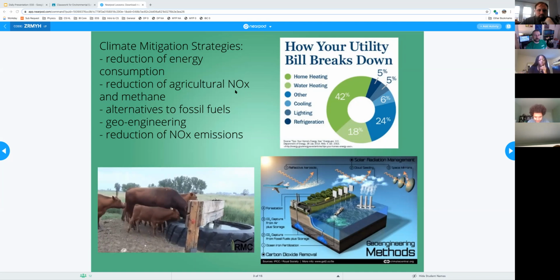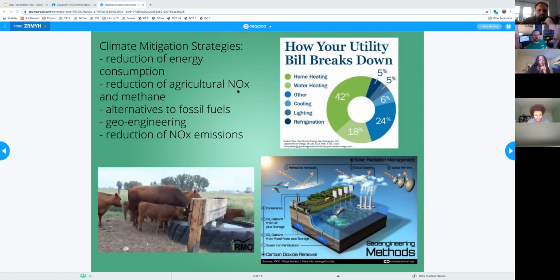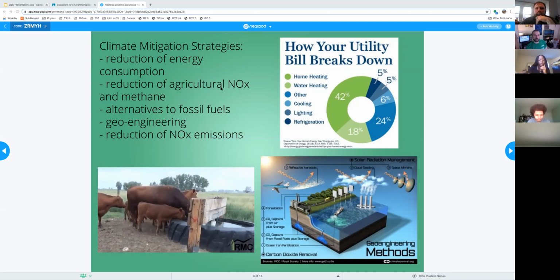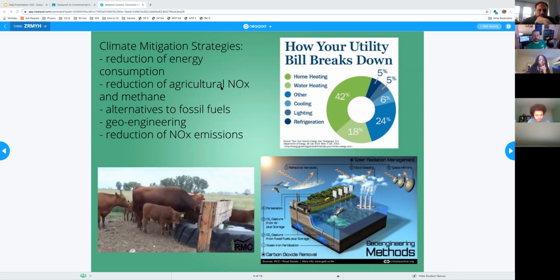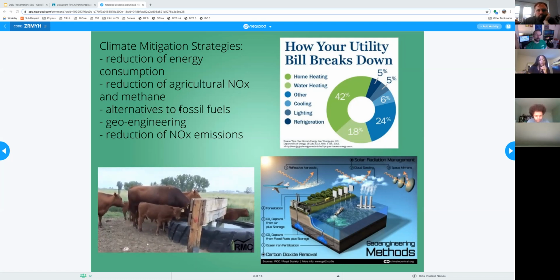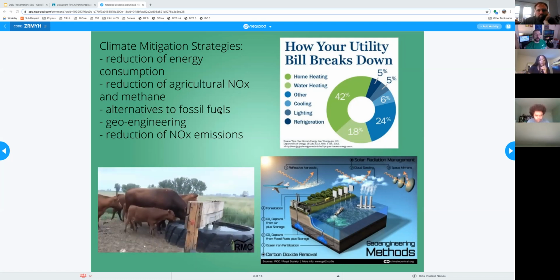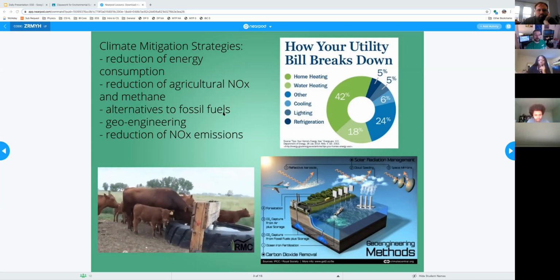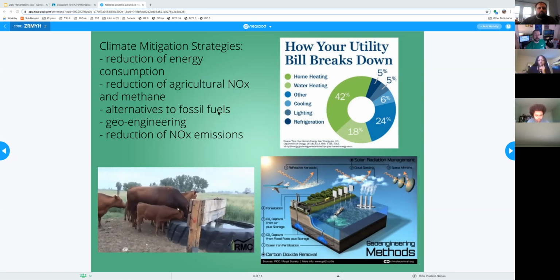A lot of NOxes also get emitted through transportation. And transportation is a key to agriculture because you have to move things from one place to another in order to get food from where it's produced to where it's going to be consumed. Another way is, of course, alternatives to fossil fuels, and we've talked a lot about this. You guys have done presentations about alternatives to fossil fuels.